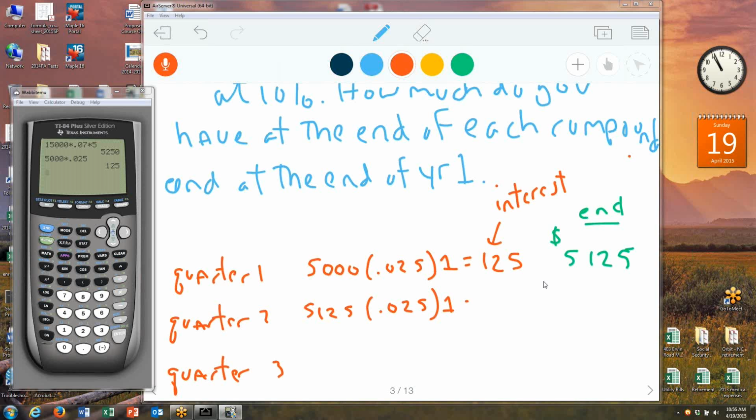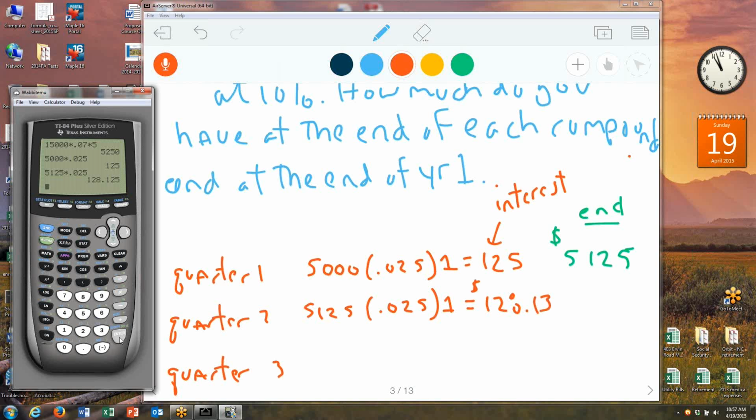And we're going to run that through our calculator. So 5,125 times 0.025 equals, so now I actually get $128.13 if I round, which is better than $125, right? It's $3.13 better.